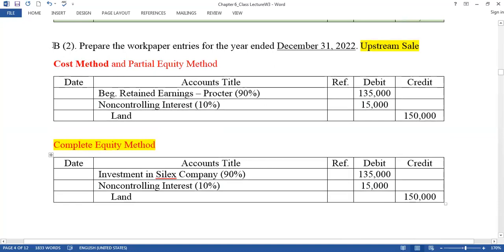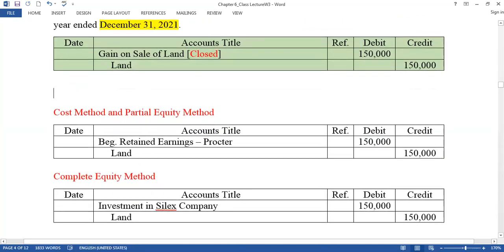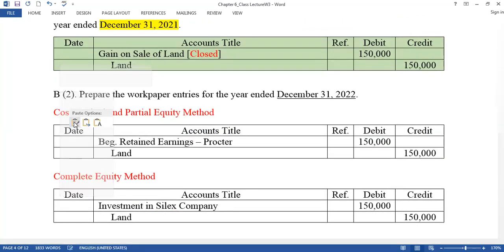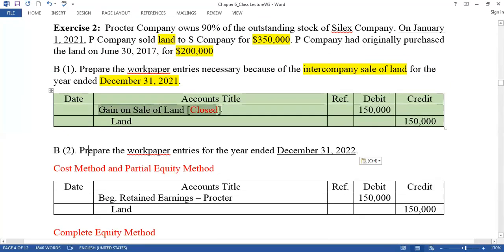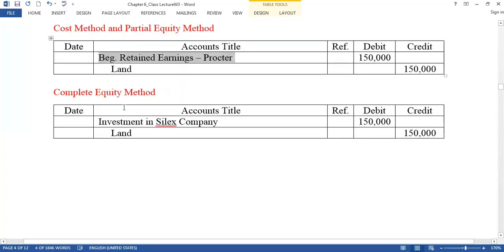Now when the next year came, although you already closed the gain from the subsidiary account, we need to close the gain from the consolidated account, right? And we record beginning retained earnings debit, or if it is equity method, investment debit. We don't have any NCI.